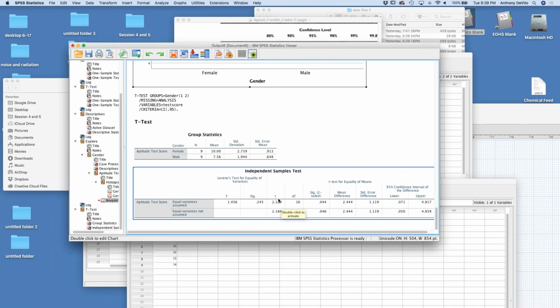So my t-score is big enough compared to the critical values of t on the table for me to reject the null hypothesis, mu for males is equal to mu for females, and accept the alternative hypothesis, mu for males is not equal to mu for females. There is a difference in the average test scores for those two populations.